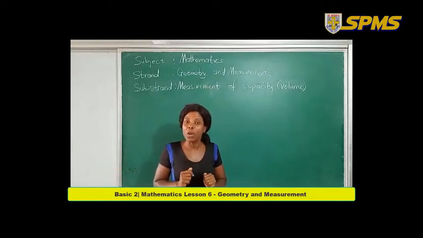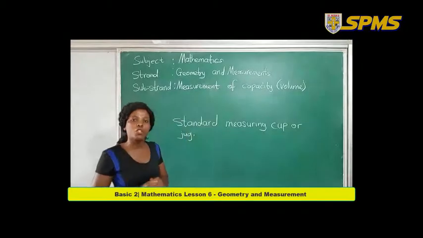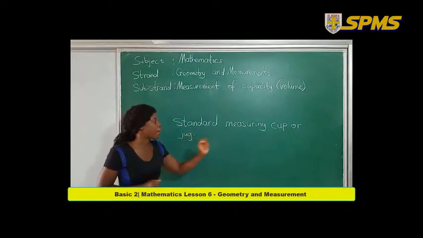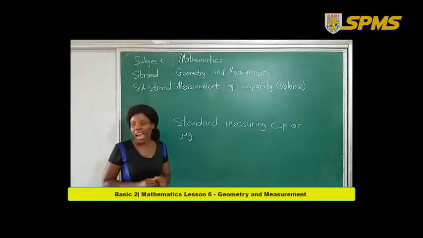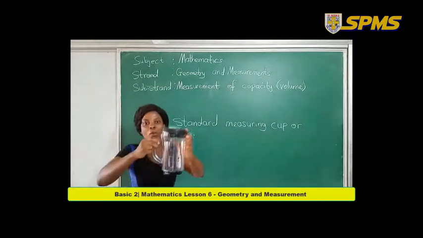So let's have a look at one standard object that is used for measuring capacity. One standard object that is used in measuring capacity is the standard measuring cup or jug. I have an example of that jug. Let's take a look at this jug.